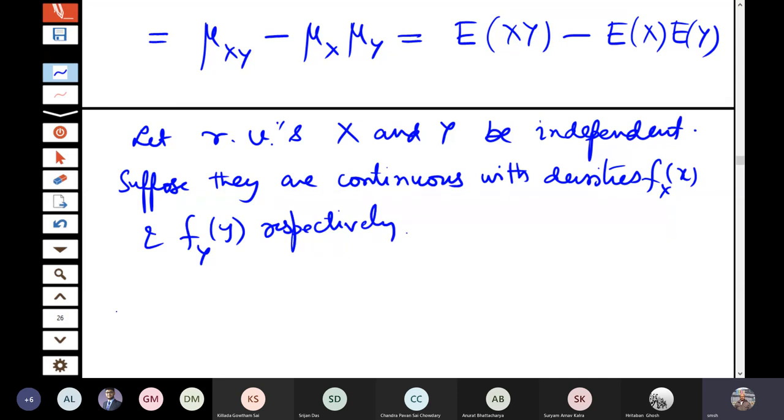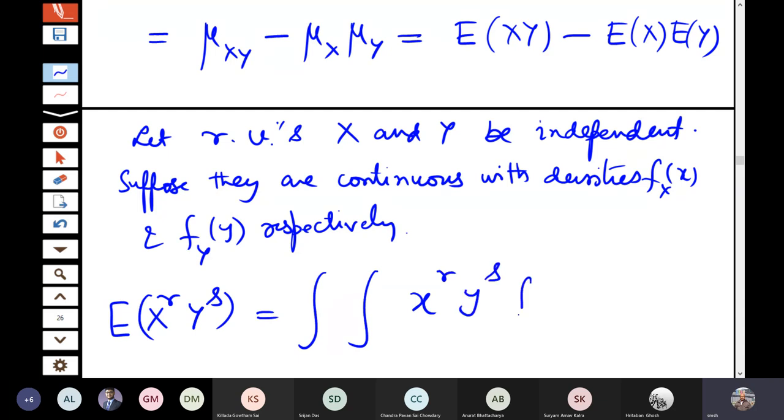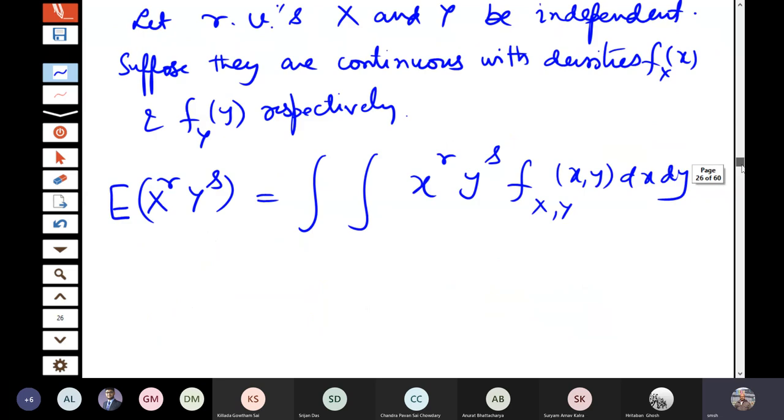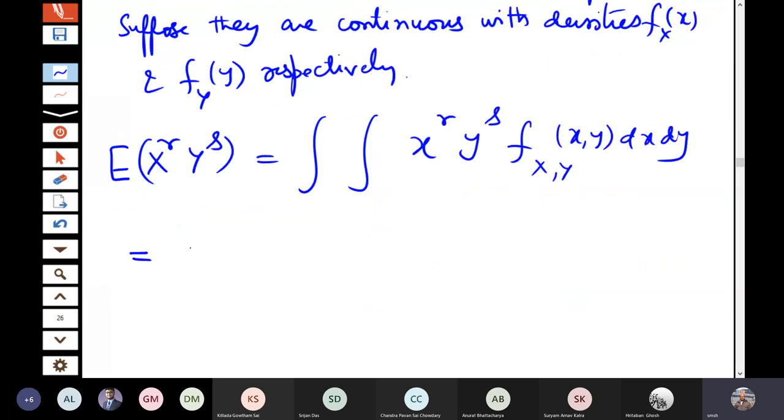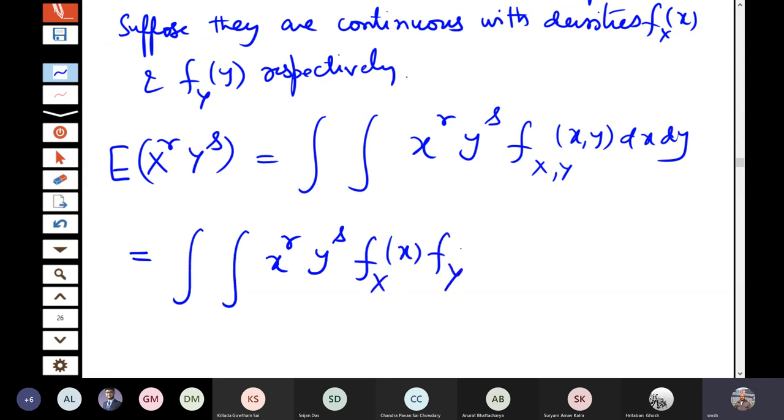Then let us consider the expectation of x to the power r, y to the power s, which is the integral of x to the power r, y to the power s, fxy dx dy. If they are independent, then it becomes fx(x) and fy(y) respectively.